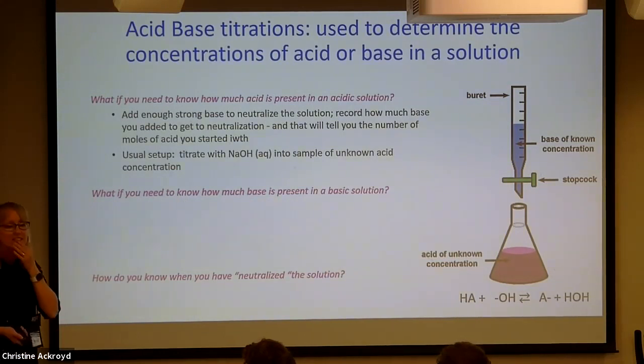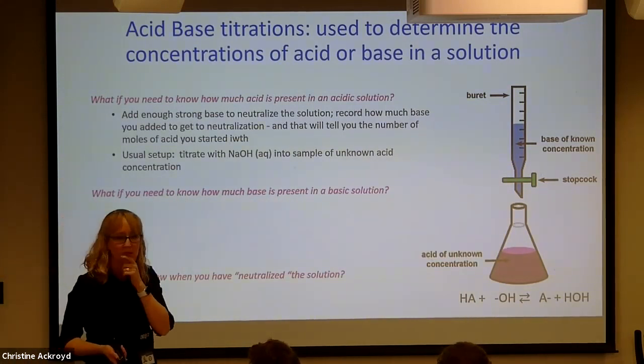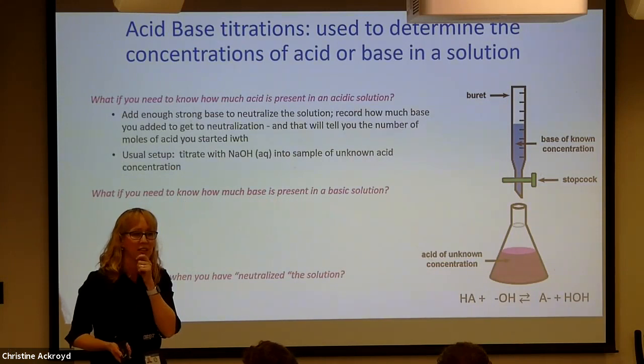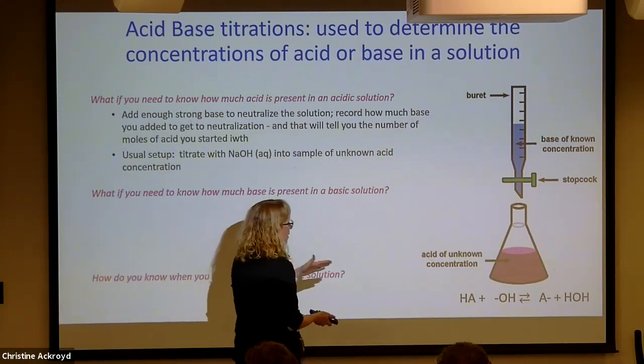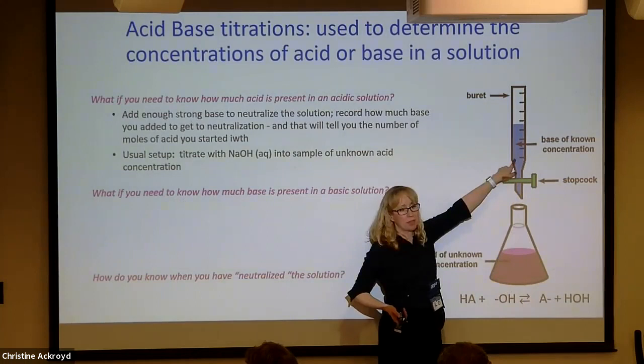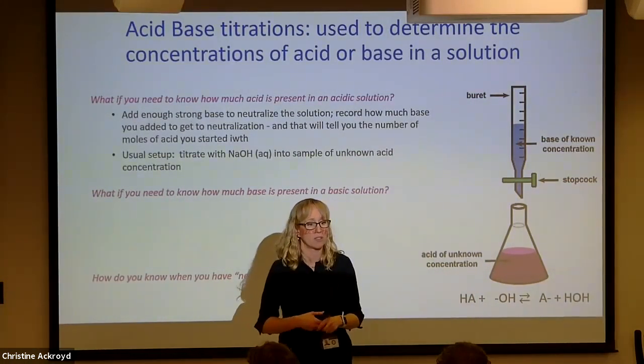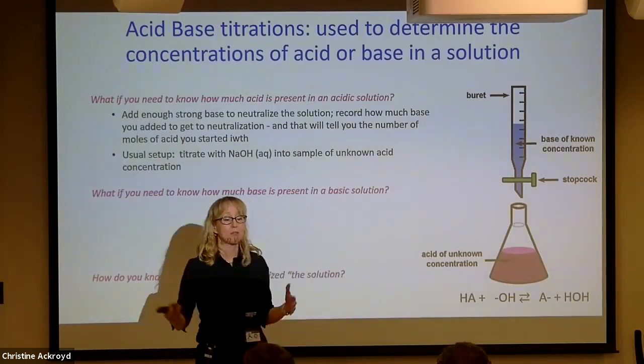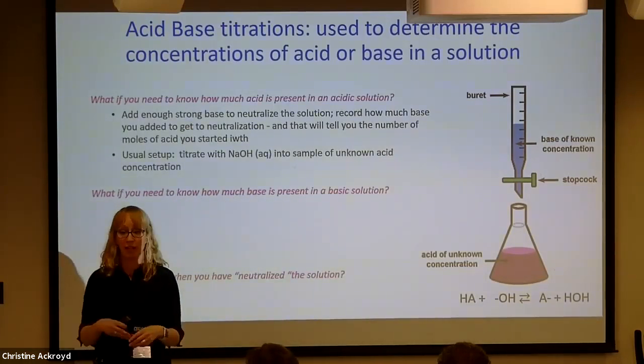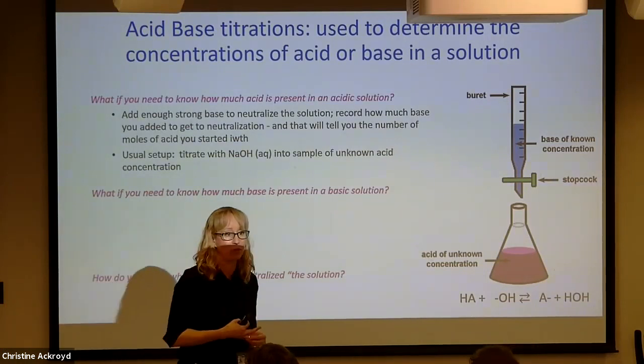What if instead of an acidic solution, you have a basic solution? You want to know how much base is there. We do the same thing, except if this is a base, what do we put in our burette? An acid. Okay, what kind of acid do we want to use? Strong. Now, typically, we use hydrochloric acid because every lab has it and it's cheap.